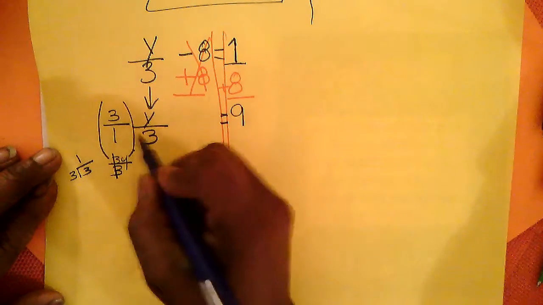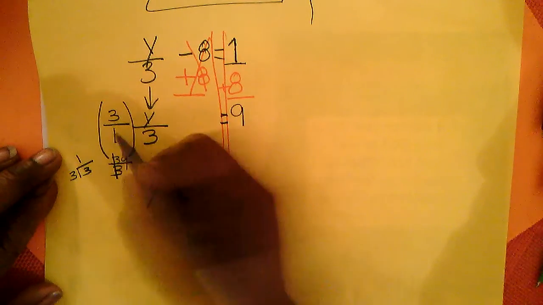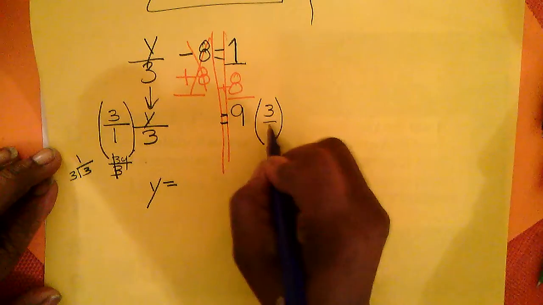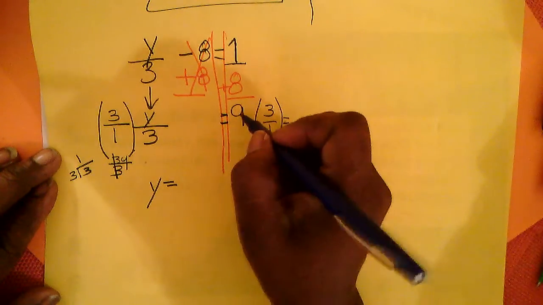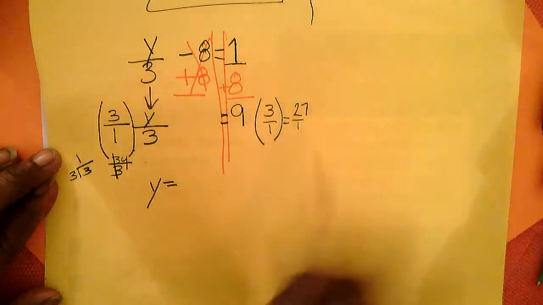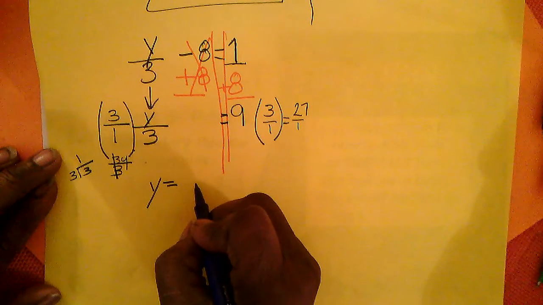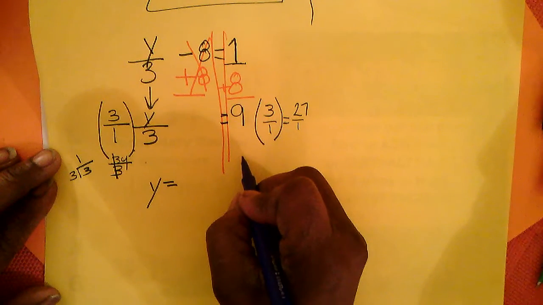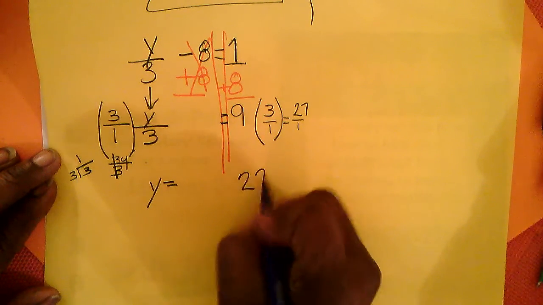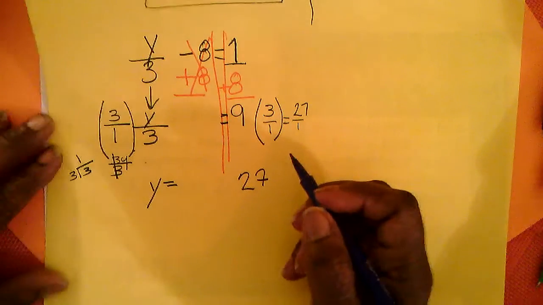If we're going to multiply by 3 on this side, of course, we have to multiply by 3 on this side. 9 times 3 is 27, and it's over 1, which gives us a whole number of 27. So that would be our solution.